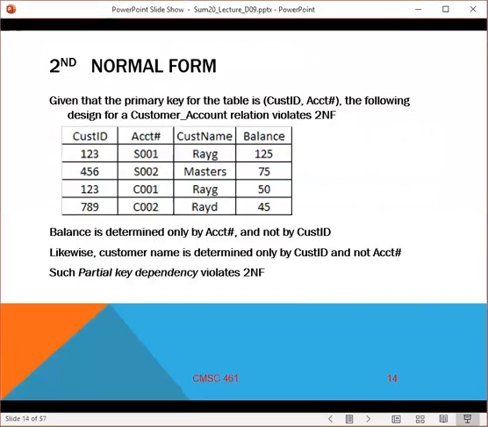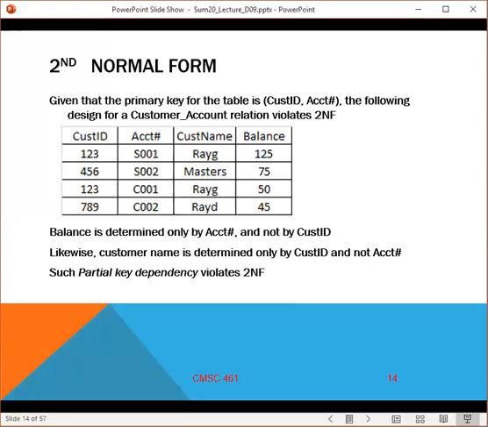So, thinking about a bank database, we have a table called accounts, and a customer can have different types of accounts, checking and savings, for example. So in this particular table, we see on slide 14, the primary key is customer ID and account number.